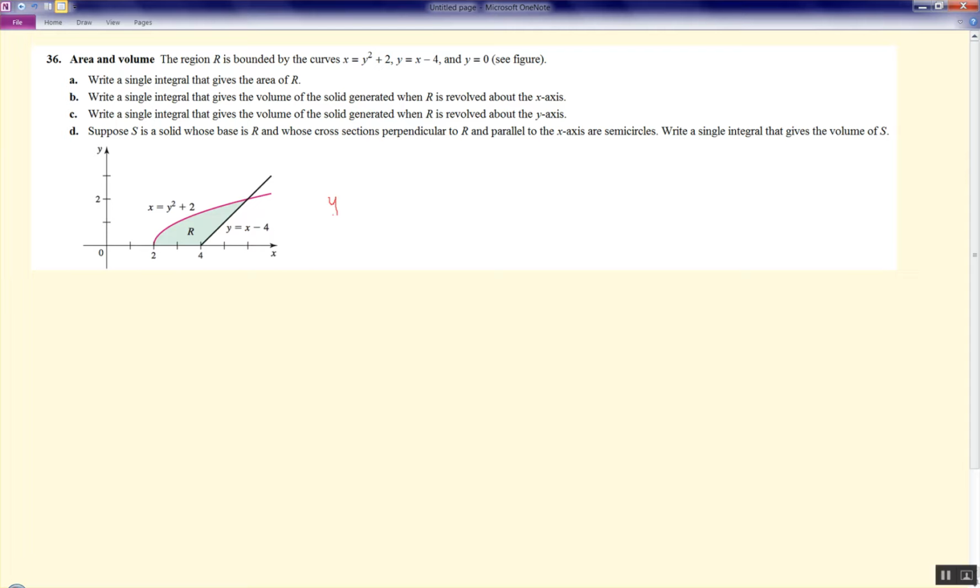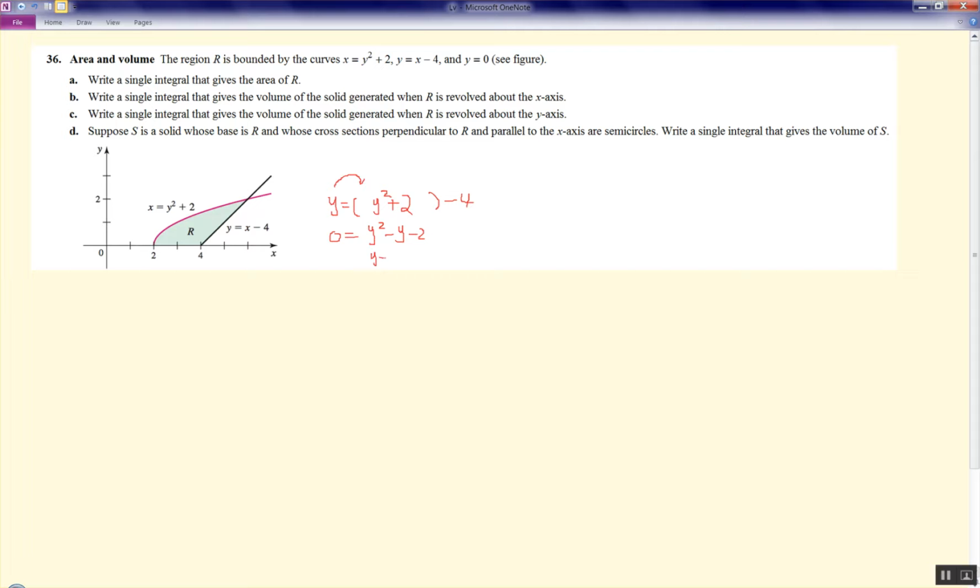By doing the substitution, y equals x minus 4, right? So x is y squared plus 2. Drop the parentheses and move everything to the right side. So we have y squared minus y, which is from the left side, plus 2 minus 4 gives us minus 2. Now the left side is just 0.